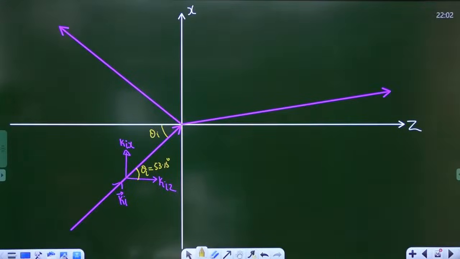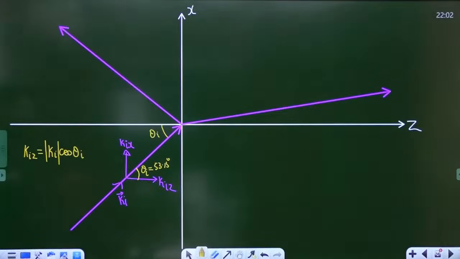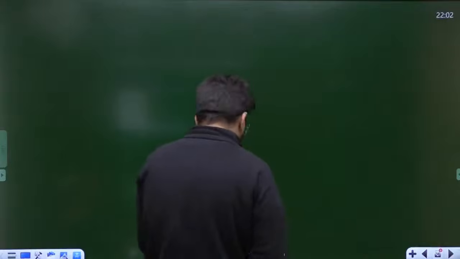So what is the KIZ? What is the horizontal component of any vector when you are resolving it? KIZ is given by mod KI into cosine of theta I. Ab dhyan dena.